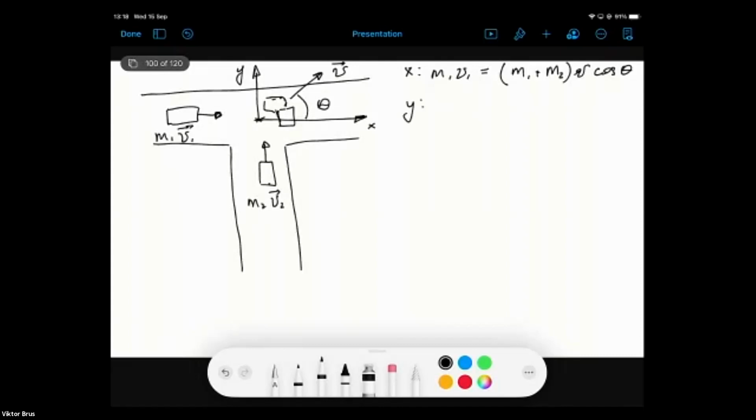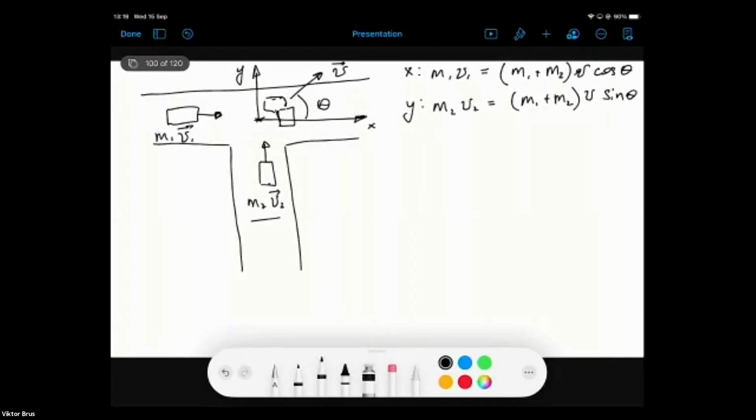Now we need to write the same for axis Y. So here the car with mass m2 will be contributing. It will be m2 times v2 equal to m1 plus m2 times v, and here will be the projection on axis Y, so it will be sine theta.